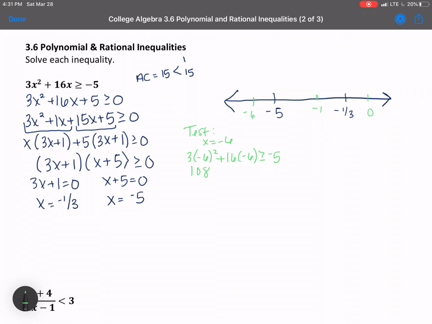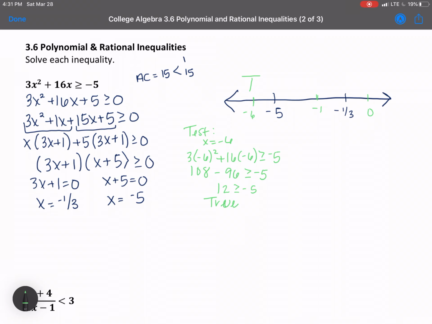Then 16 times -6 is going to give us -96, which is greater than or equal to -5. And 108 minus 96 is 12, which is greater than or equal to -5. So this is a yes, so true. When I come up here, I'm going to put a T.